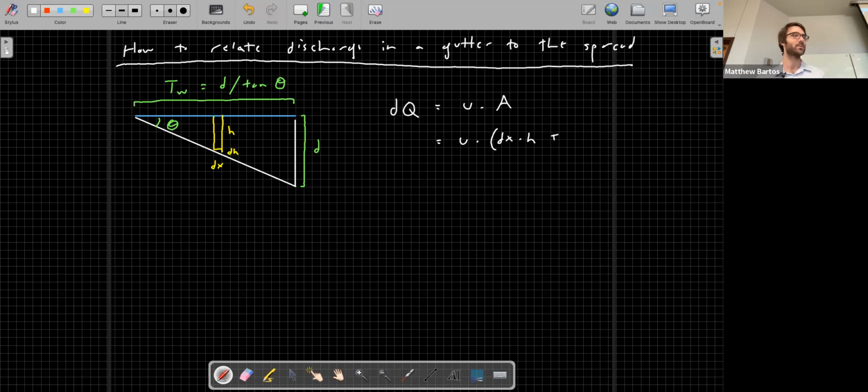Yeah, so it'll be plus 1/2 base times height, which is 1/2 dx dH. Okay, so we can simplify this. u times dx times (H plus 1/2 dH). Okay, now are there any ideas of how we can get this velocity? How can we get the velocity of this flow in an open channel?